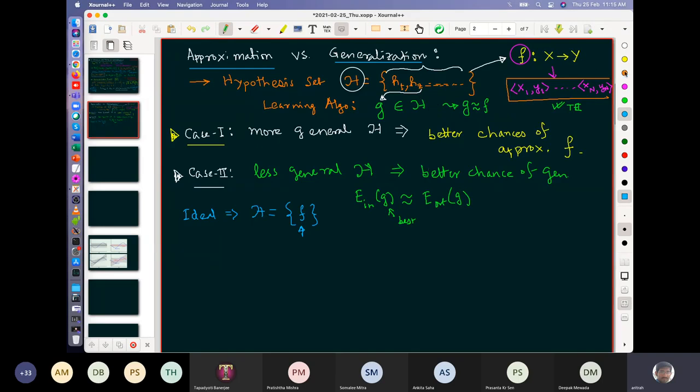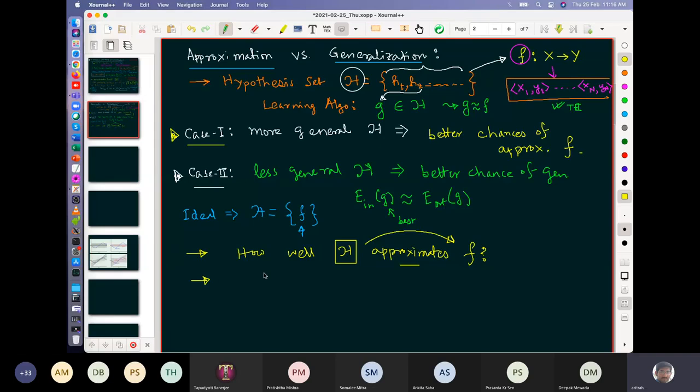So this leads us to an interesting point: how well H approximates f. That means how well my hypothesis set contains f, or contains certain hypotheses which are much closer to f and can approximate it.